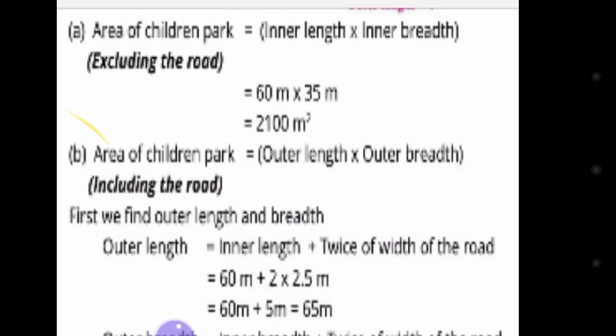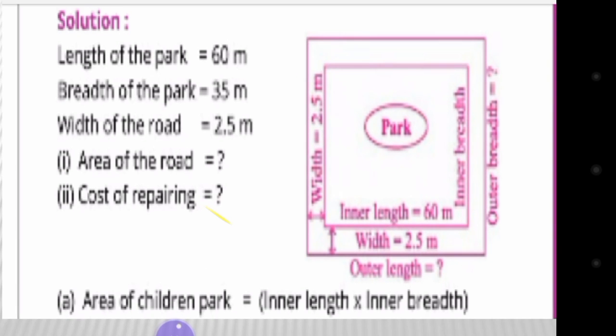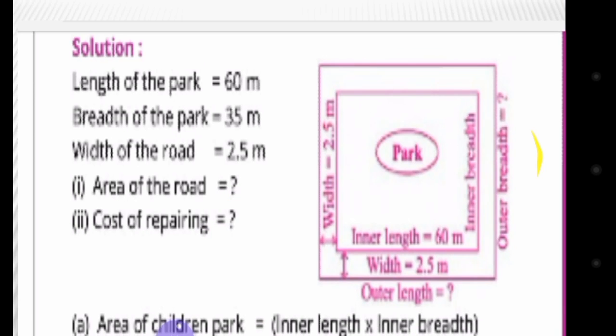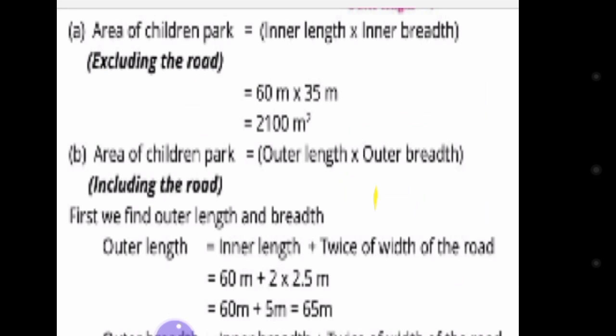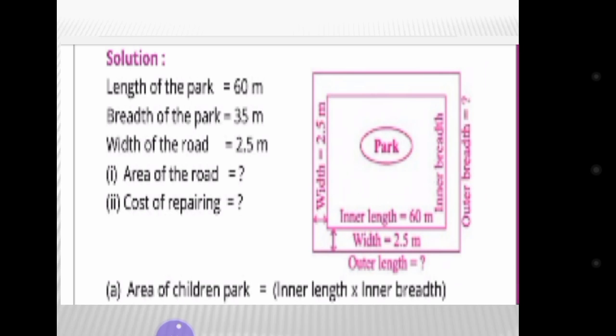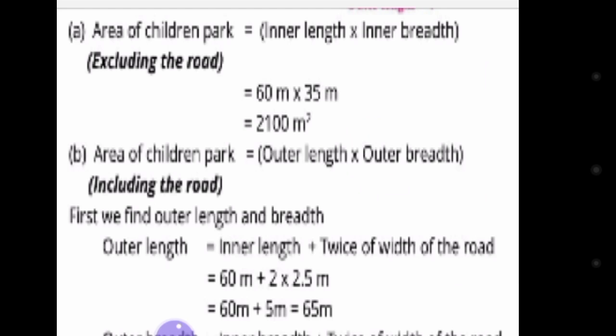But here we don't know the outer length and the outer breadth. So we firstly find out the outer length. Outer length is equal to the inner length plus twice the width of the road.